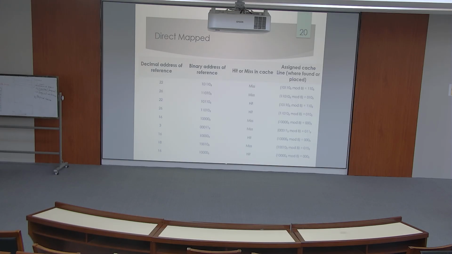That's 26 mod 8, which is 2. So 26 is to be loaded in cache line 2, and since we already have 26 in cache line 2, this is a hit. We have a hit.